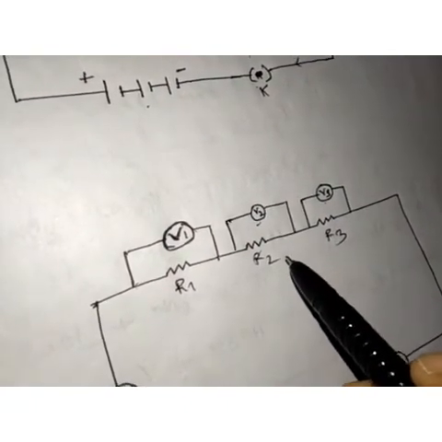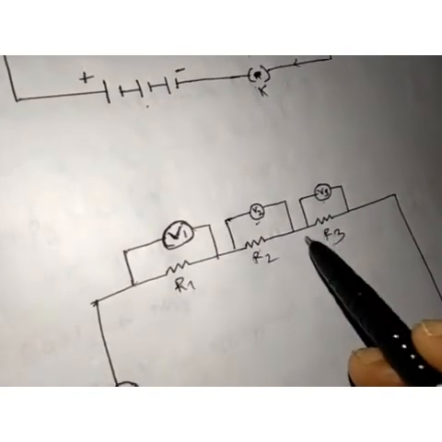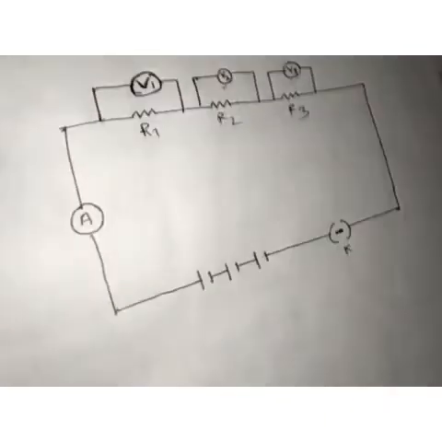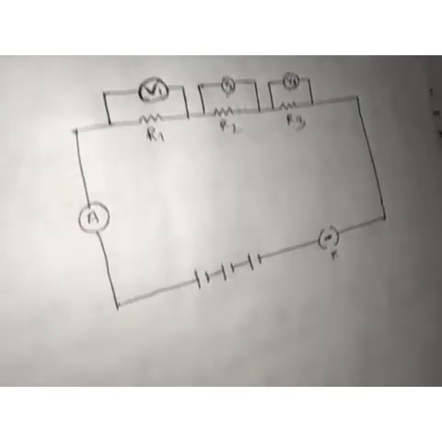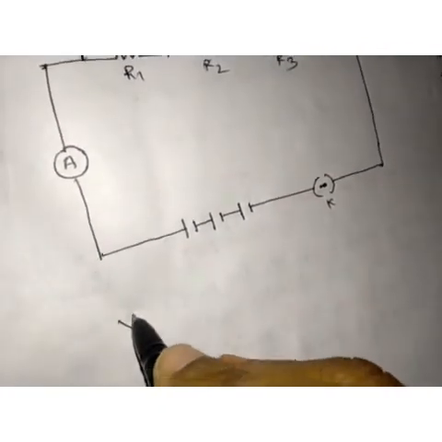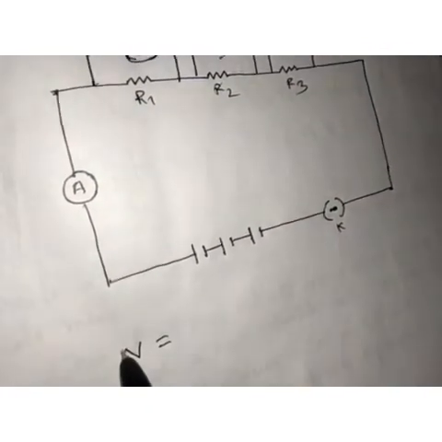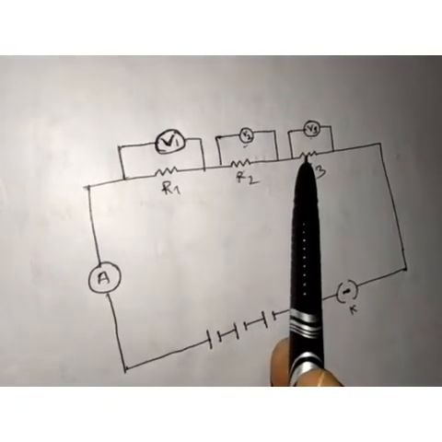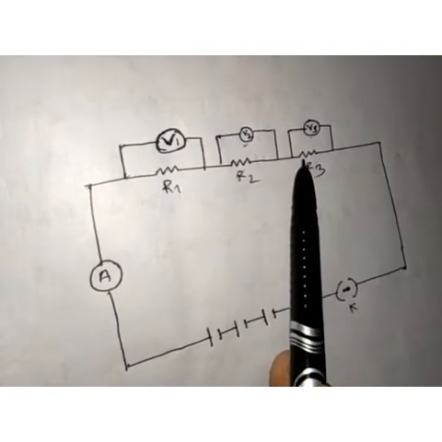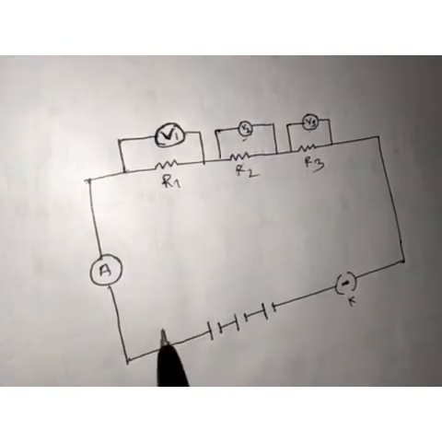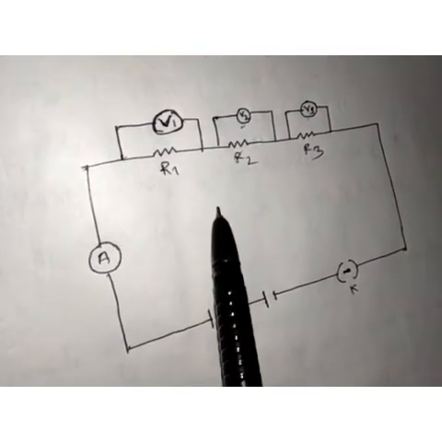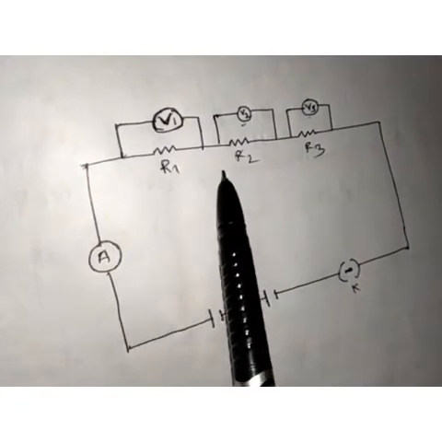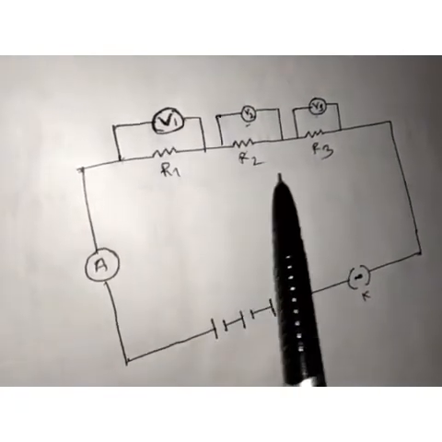Then the total potential difference, that means the total equivalent potential difference, how will we find it? Then V equals the sum of all the potential differences. That means the equivalent potential difference is equal to the sum of the potential differences of each resistor.